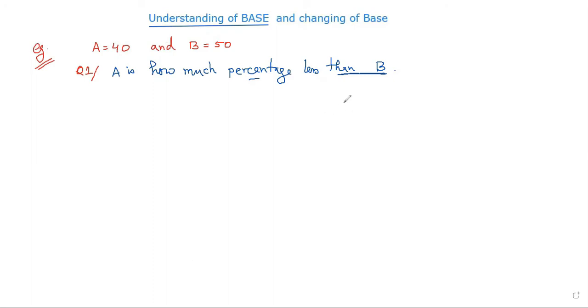Solving that, the absolute difference is actually 10, but the percentage will be 10 divided by the value of B, which is 50, into 100. So it is nothing but 1/5, so it is 20%. The answer for the problem is 20%.